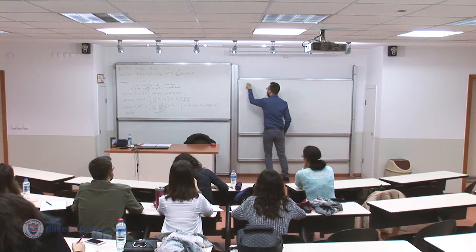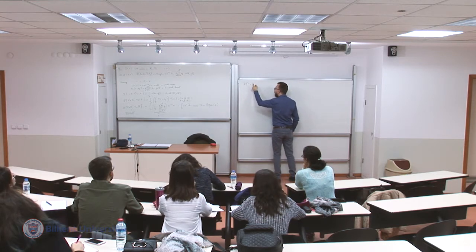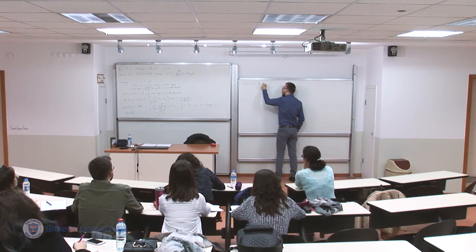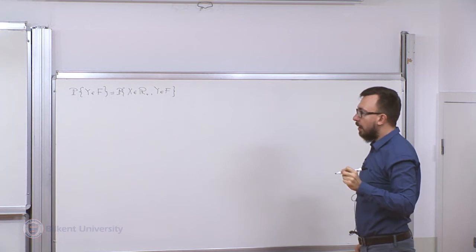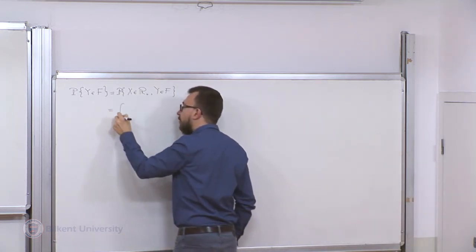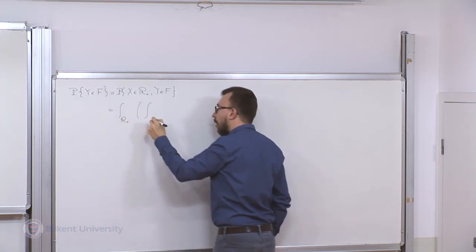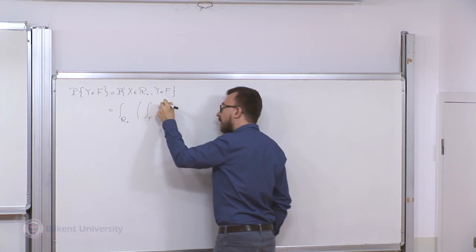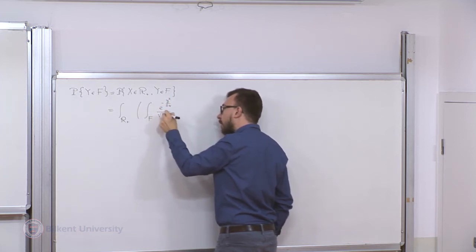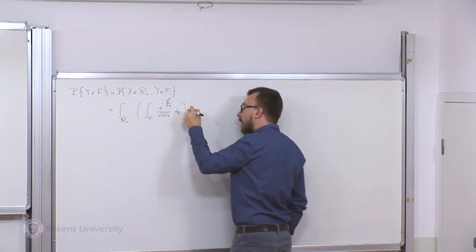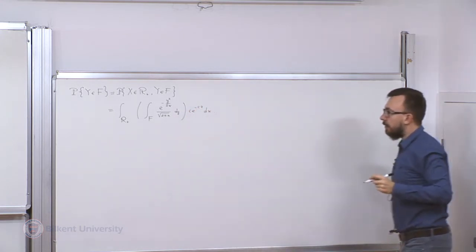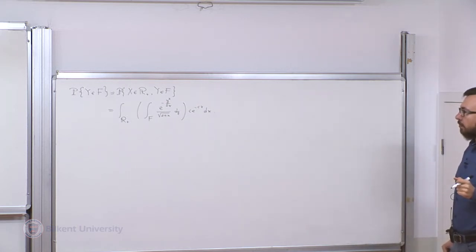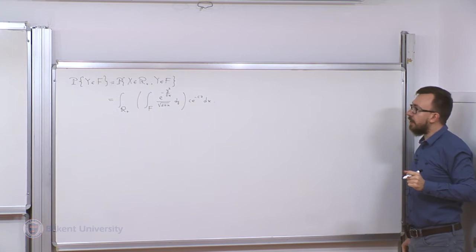So we're interested in the distribution of Y. So we're going to take one set, F, and we can certainly write it as X is something and Y is in F. So X is something means we integrate over R plus, integrate over F the kernel part, and the measure part, the exponential part. So this is just applying the definition, right?